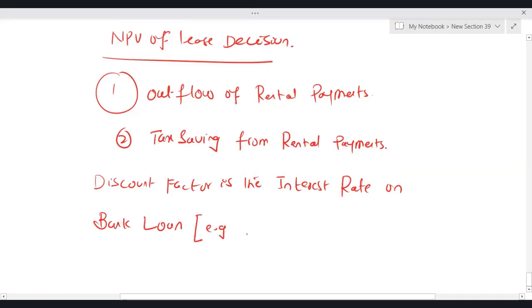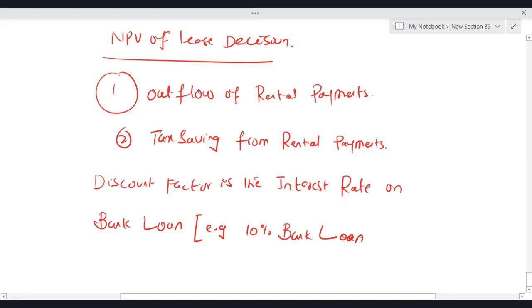For example, if 10% is the bank loan, now listen and listen carefully. If there is no tax rate in the entire question, assuming if there's no tax rate in the entire question, then 10% will be the discount factor.